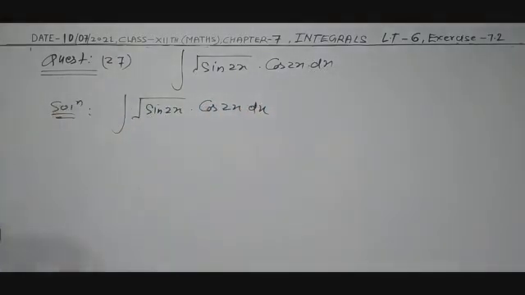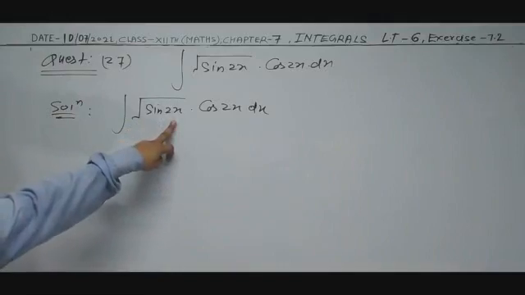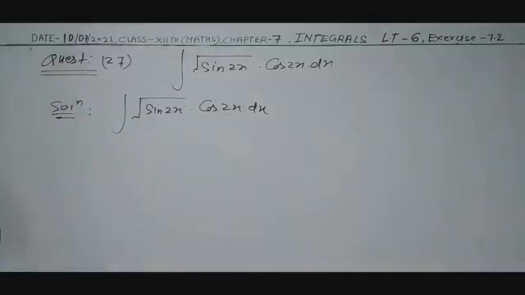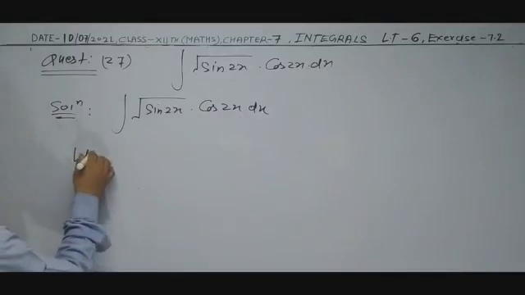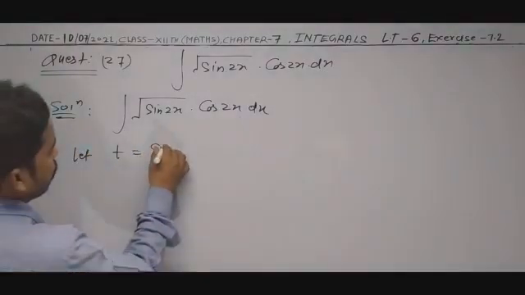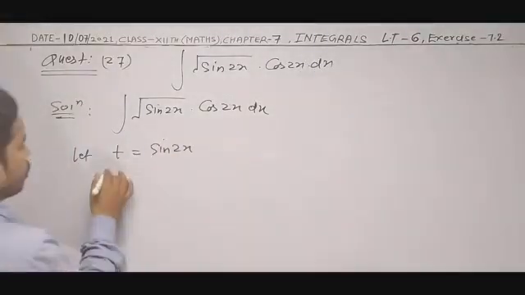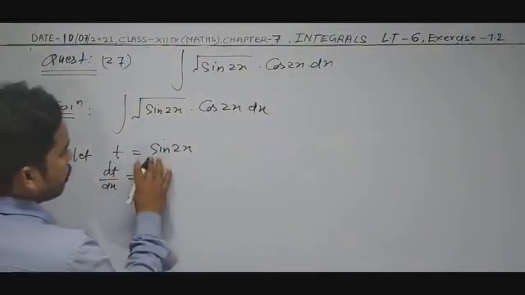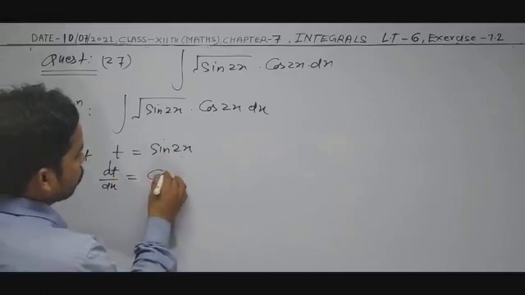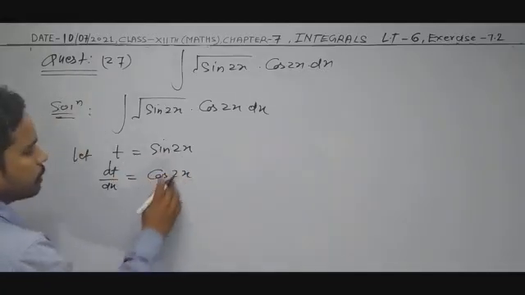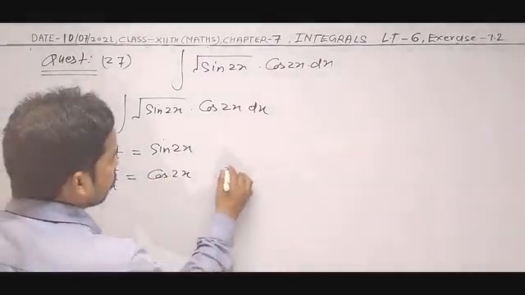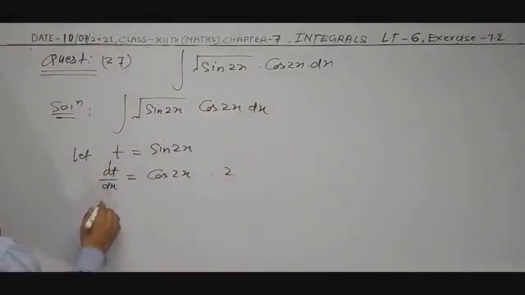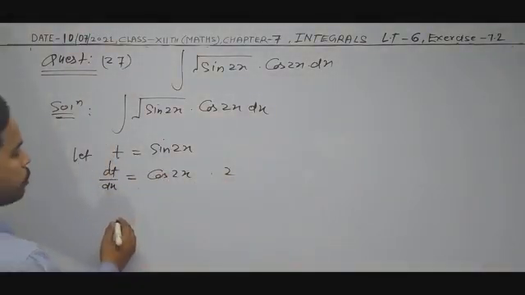And you know when you will differentiate sin 2x, cos 2x will come inside the differentiation result. So now let t is equal to sin 2x. Now dt by dx will be, sine differentiation you know is cos, that will be cos 2x, and 2x differentiation you know is 2. So whole differentiation result will be 2 times cos 2x.